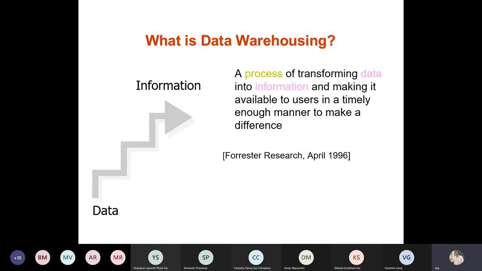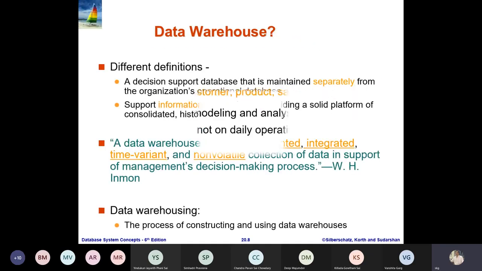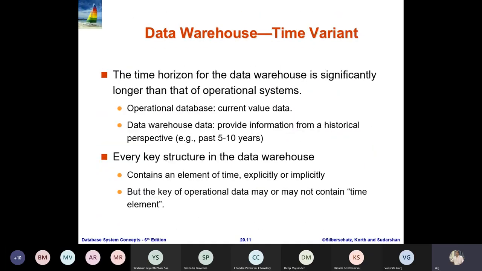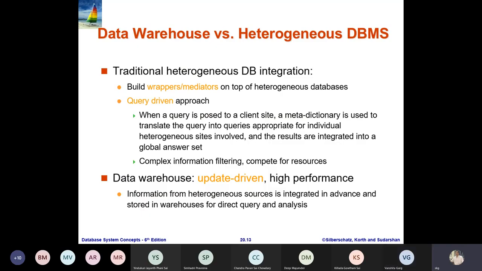We see it's a process of transforming data into meaningful information and making it available to the user in a timely and adequate manner that makes a difference. We'll continue, but let me just give you an overall big picture.